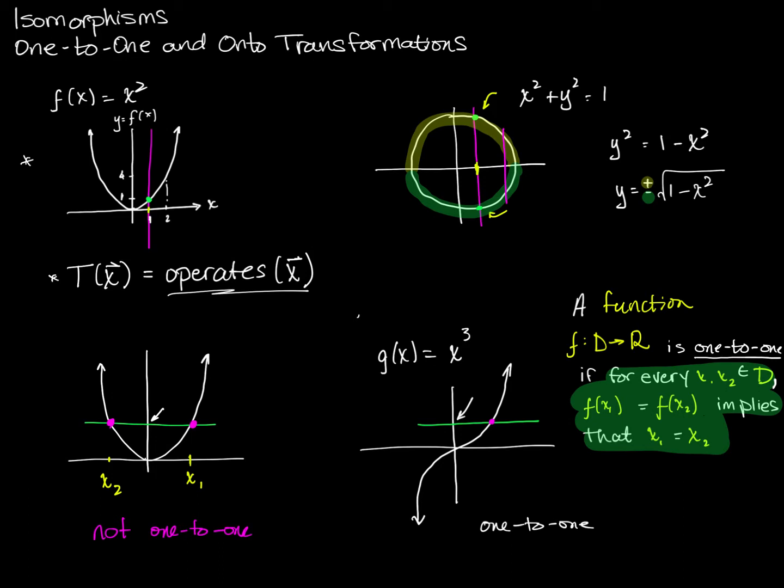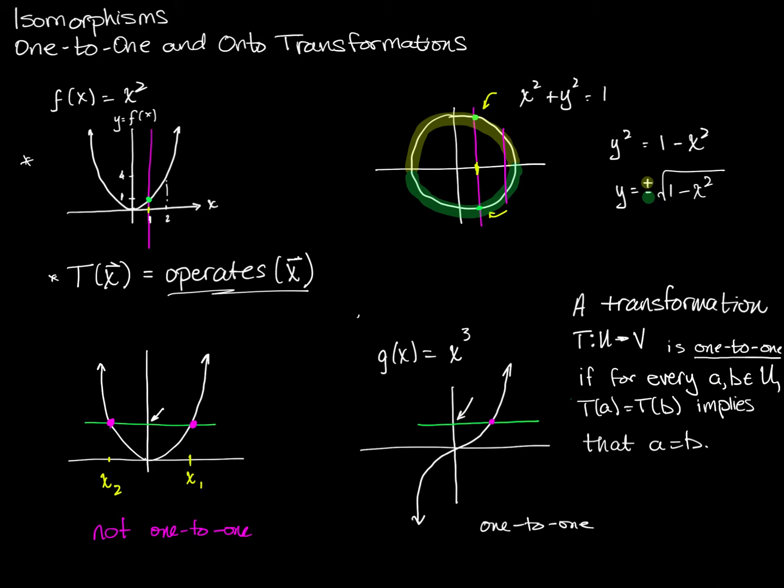So that's what it means for a function to be one-to-one. But as you saw, I just erased the word transformation and replaced it with the word function. So I could go back and replace the word function with the word transformation, and I've got the definition of one-to-one for a transformation.